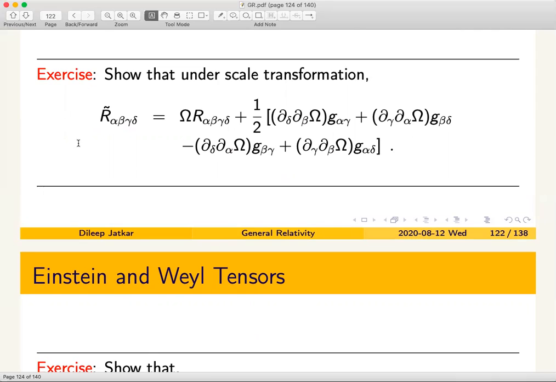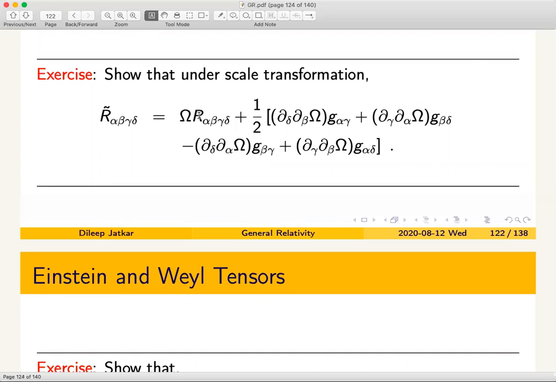The inverse metric on the left hand side that you'd use would be G tilde alpha gamma, with alpha gamma contravariant indices. But that's not the metric that you will use on the right hand side. Well, you will use the same because you will multiply by the same function on both sides, but you would want to use G alpha gamma to contract these alpha gamma indices of the Riemann tensor.